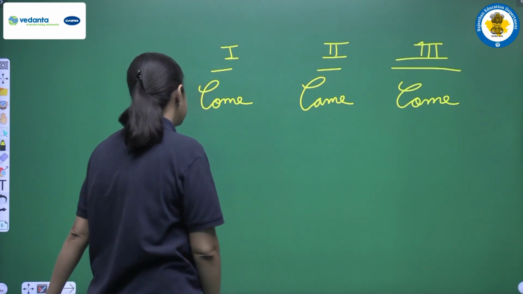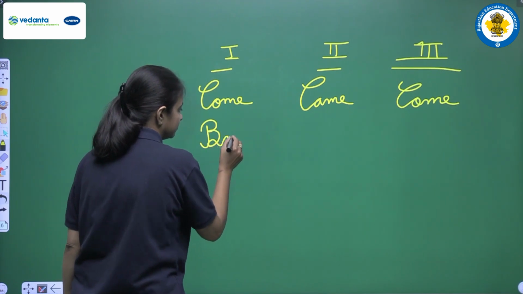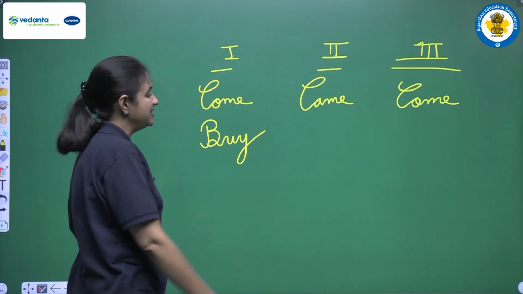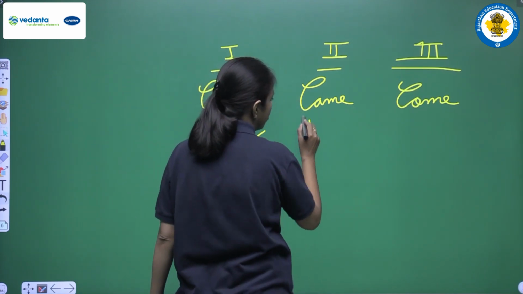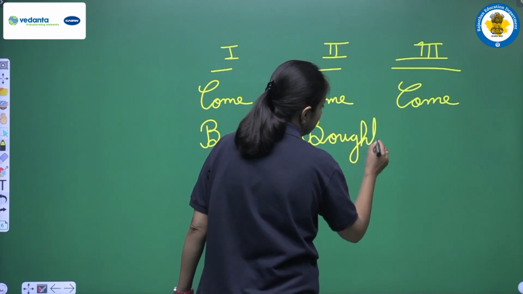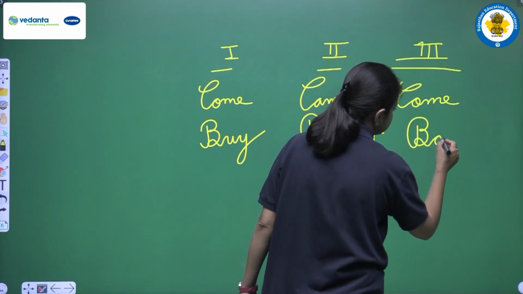Clear? Next we are taking suppose buy. Then again you have to learn all these things, that the second form of buy is bought. And third form is the same, just like the second one, it is bought.